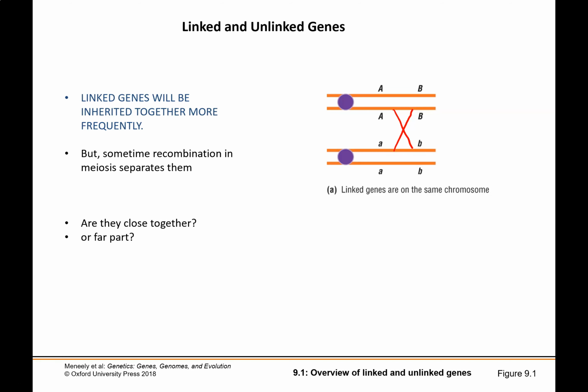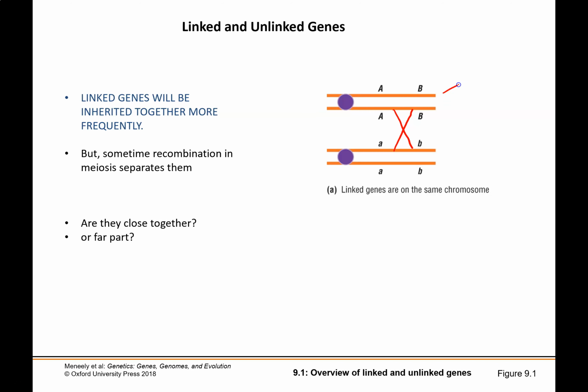Now they do this because they need to stay together during meiosis and move to the metaphase plate together. But the result of it is an exchange between those two inner chromosomes. And so although linked genes are inherited together more frequently, sometimes we get new combinations.